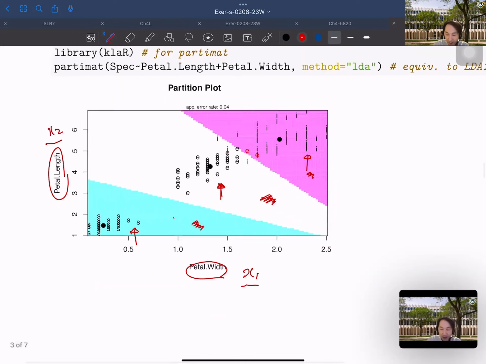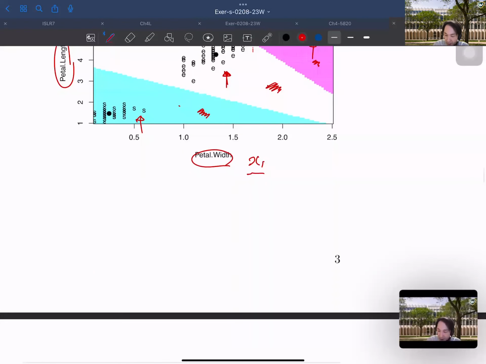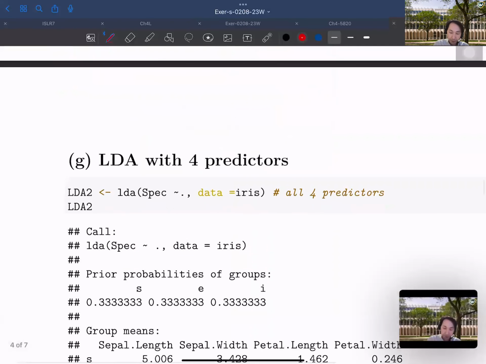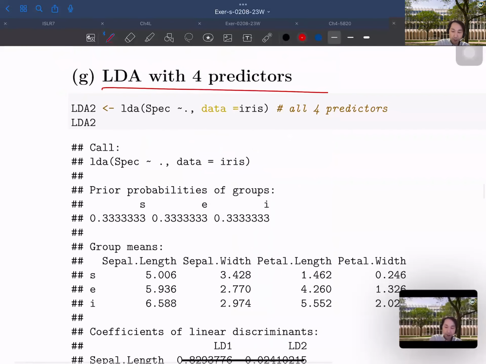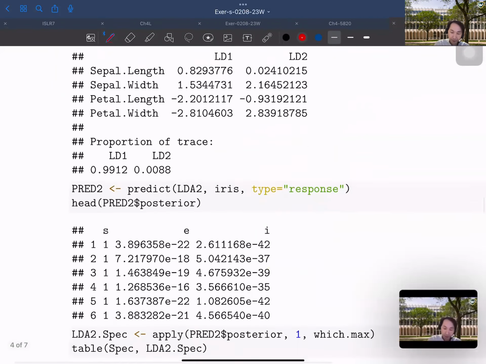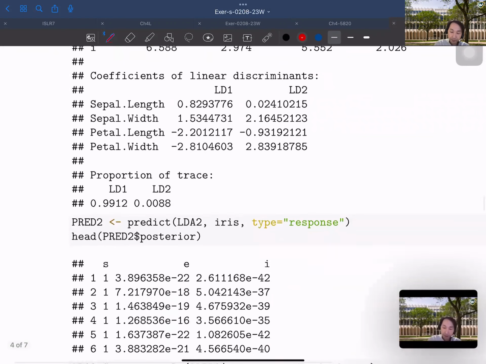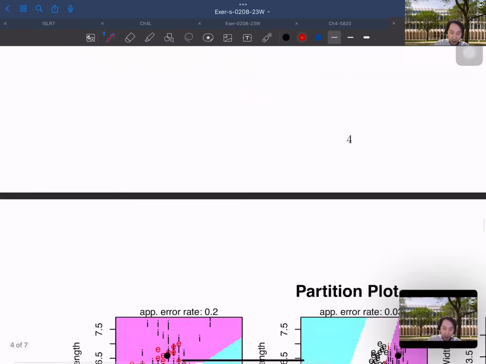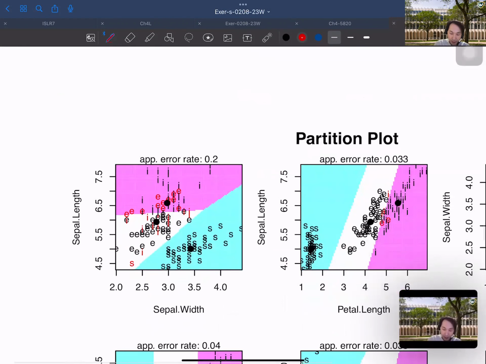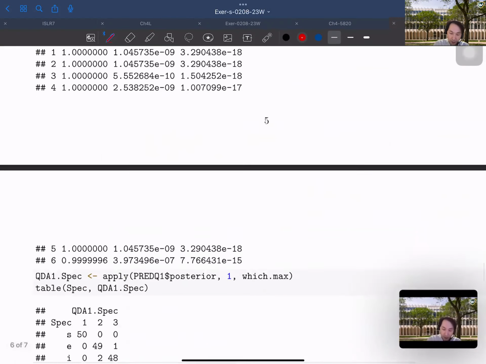In general, we have more predictors, and we cannot make a graph with more than 3 predictors. But still, that is what we did.